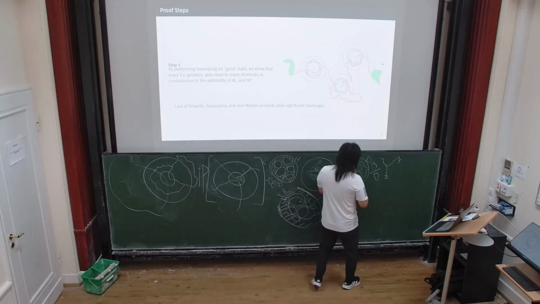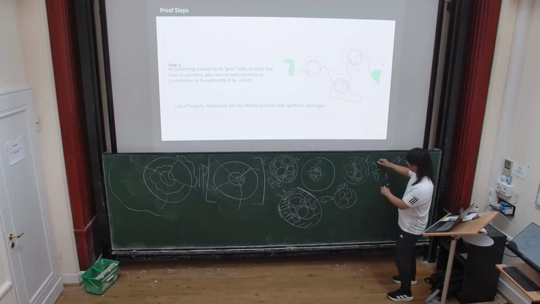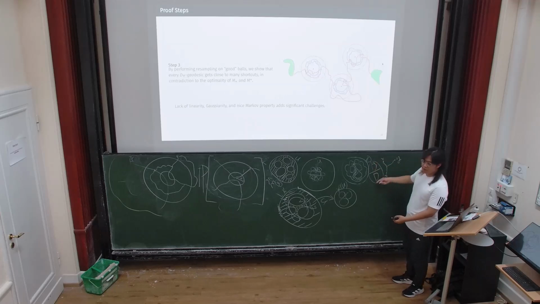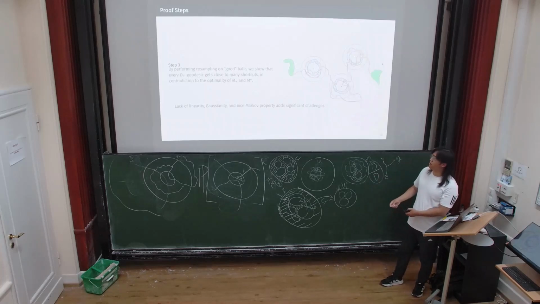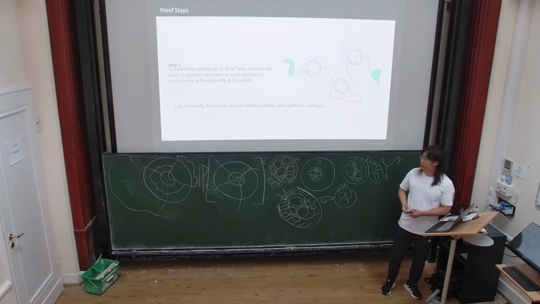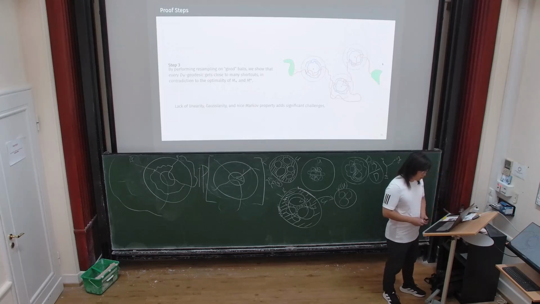Because a shortcut is 2 points whose ratio is bounded away from the optimal constant, if a geodesic goes close to many shortcuts, its ratio must also be bounded away from the optimal constant. But this contradicts the optimality.